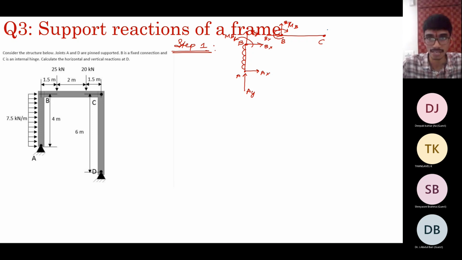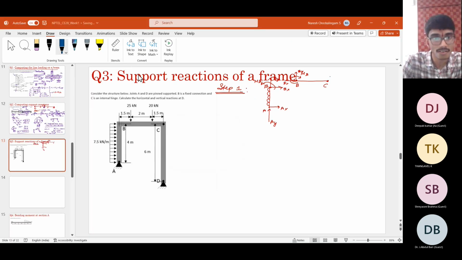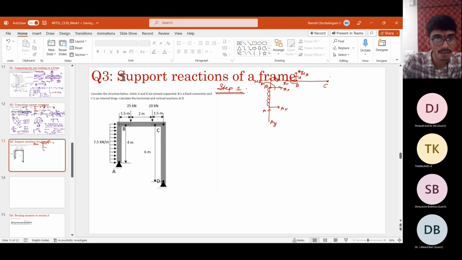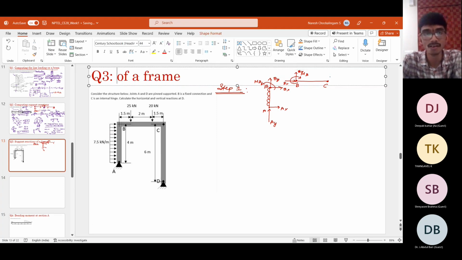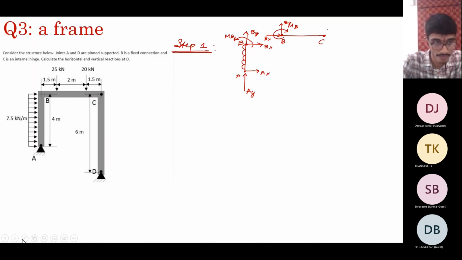There are no external forces or moments acting at this junction, so it is continuous.